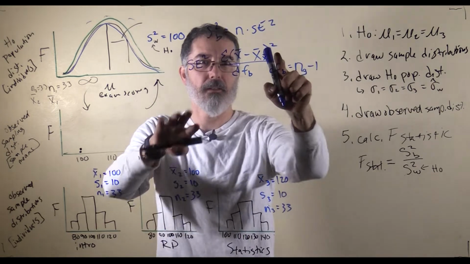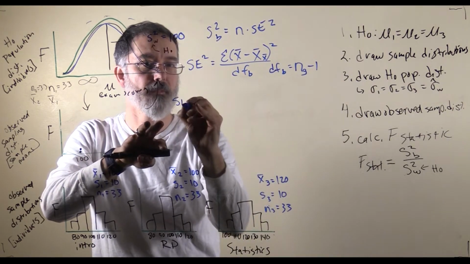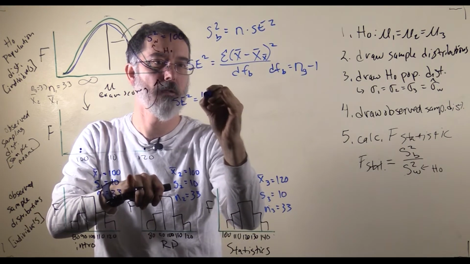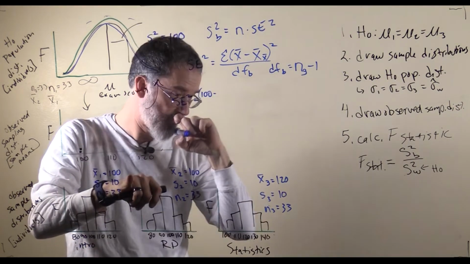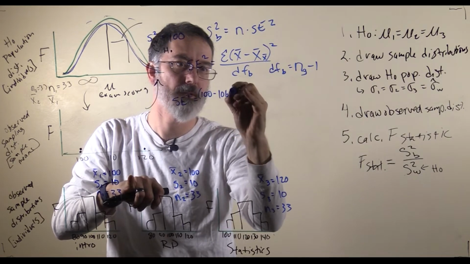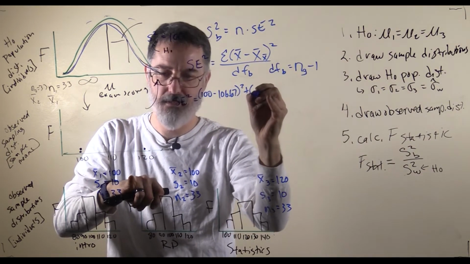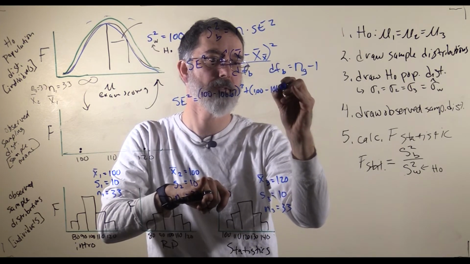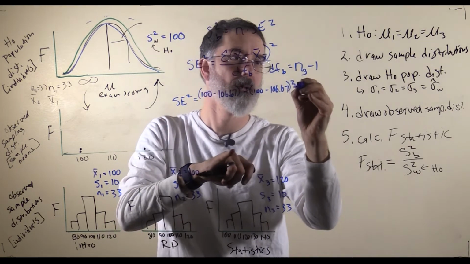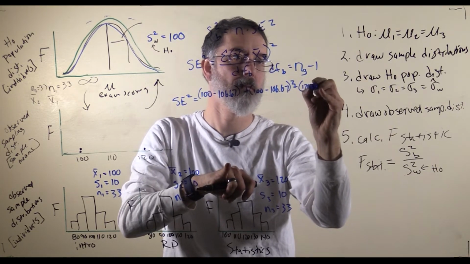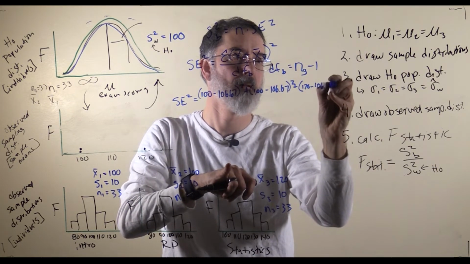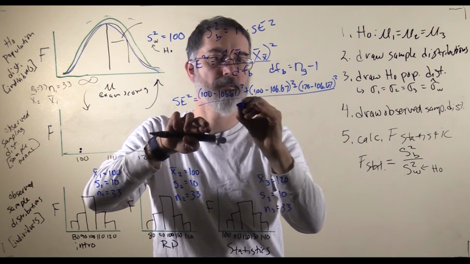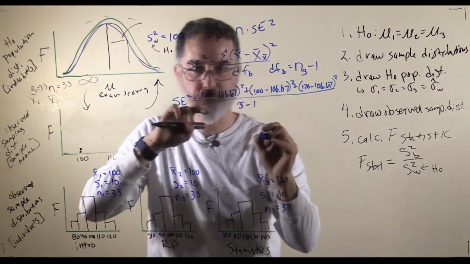All right, so we'll calculate the variance of these 3 scores. So the first one is 100. We need to subtract the overall mean, which I calculated as 106.67, squared, plus the next score minus the overall mean, 106.67, squared, plus the last score, 120, minus the overall mean, squared, divided by the number of groups, 3, minus 1.